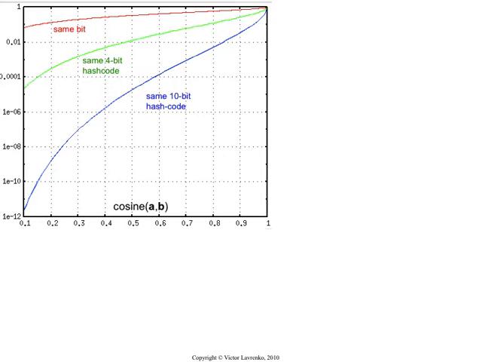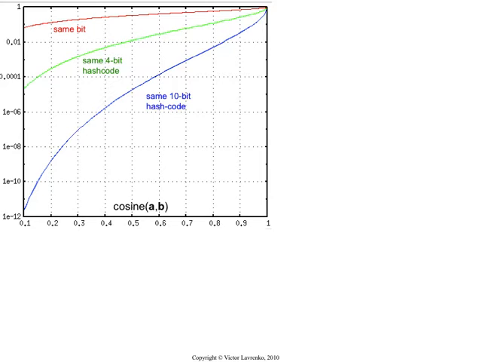And the reason you want that is you want documents that are dissimilar to land in different buckets. And if you just take a single bit, that's not enough, right? So for a single bit, at a cosine of 0.5, the documents are not duplicates of each other in any way, but quite a lot of them will end up having the same bit.